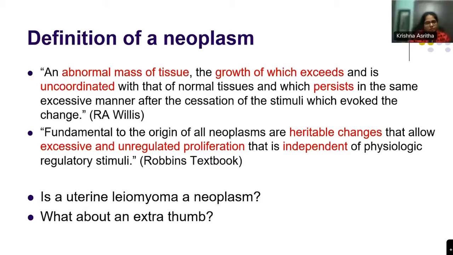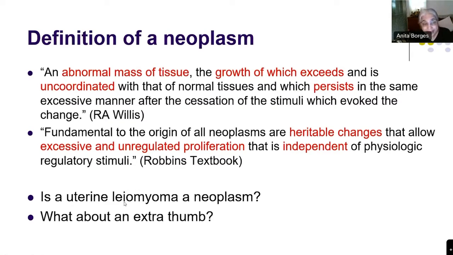All right, very good. In other words, it is organized exactly like a normal thumb, which a leiomyoma is not. It is not organized like normal uterine muscle. So when I see an extra thumb, I have good tissue organization.